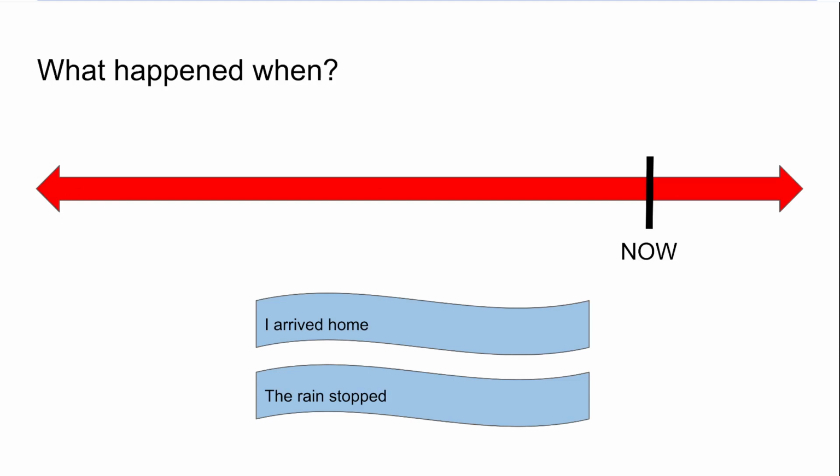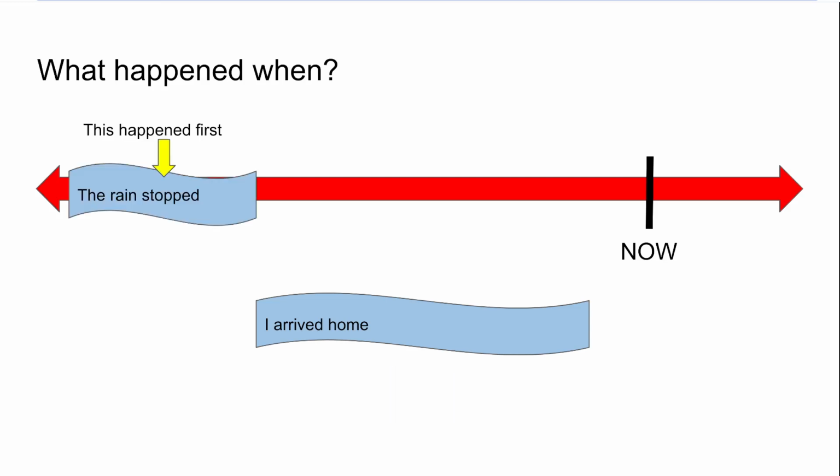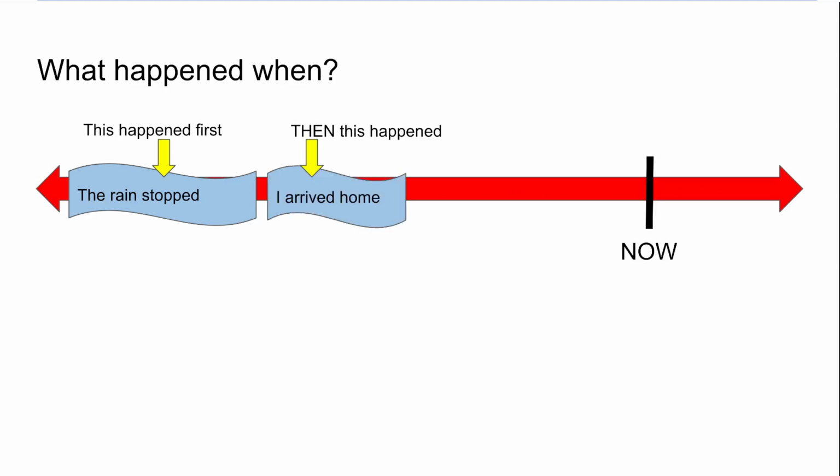All of this is going to happen in the past. So what happened first? Well, the rain stopped. Okay, so that happened first. And then I arrived home. So both actions happened in the past, but the rain stopped first, and then I arrived home.